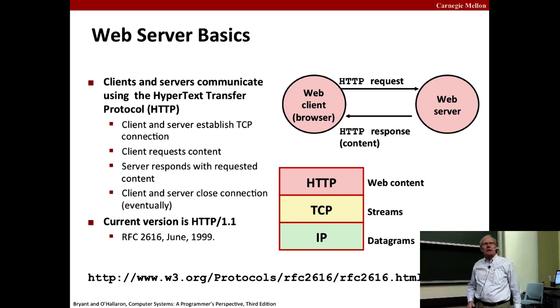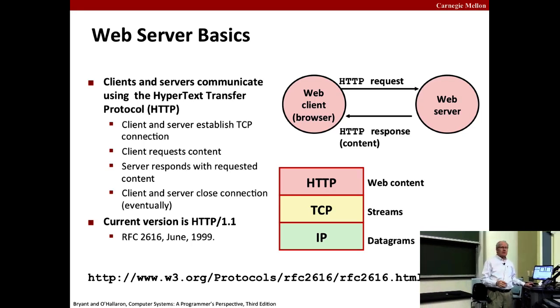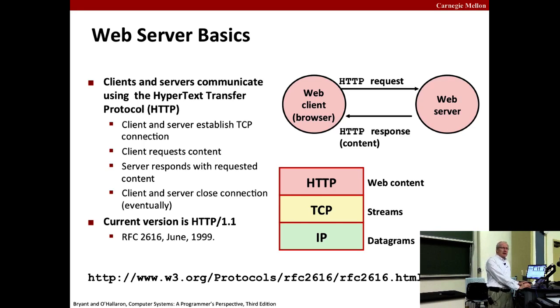And then HTTP sits on top of that and uses TCP connections to send and receive data over the World Wide Web. And that's all according to a protocol that was developed starting in the early 90s, and that's what Tim Berners-Lee did initially. And it's gone through a couple of revisions, but the latest one still dates back to 1999, HTTP version 1.1.